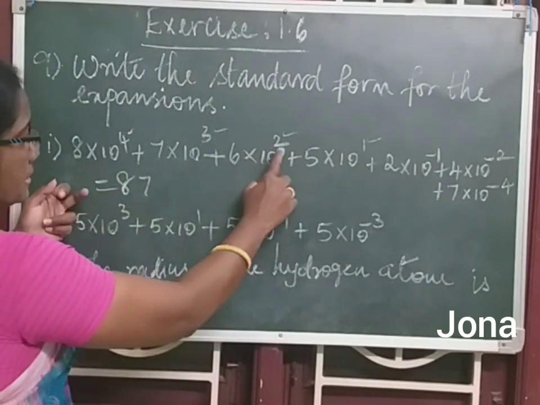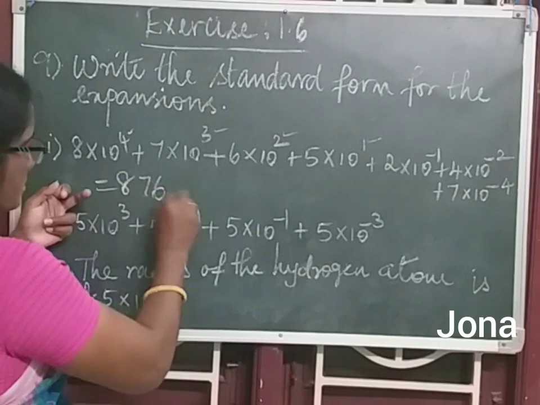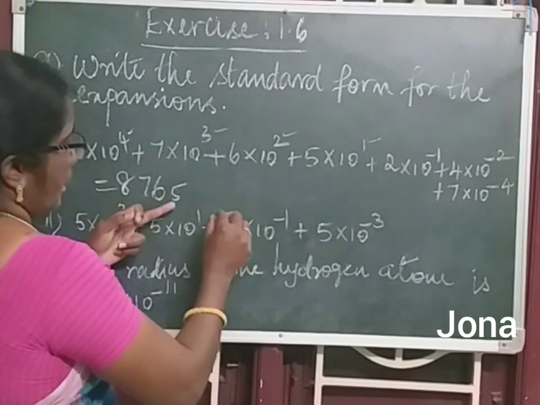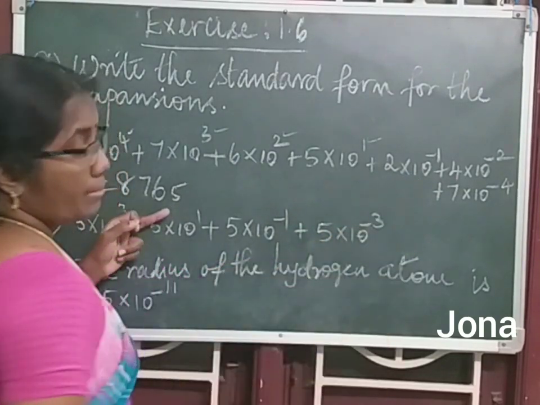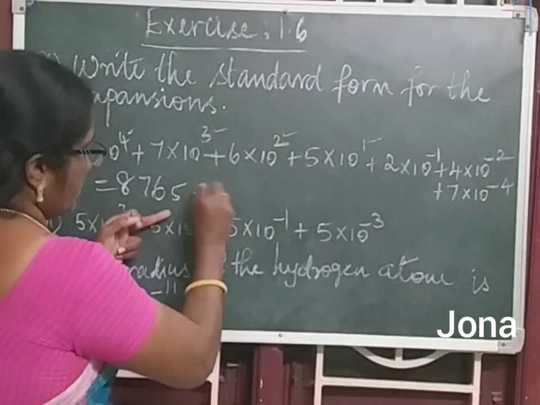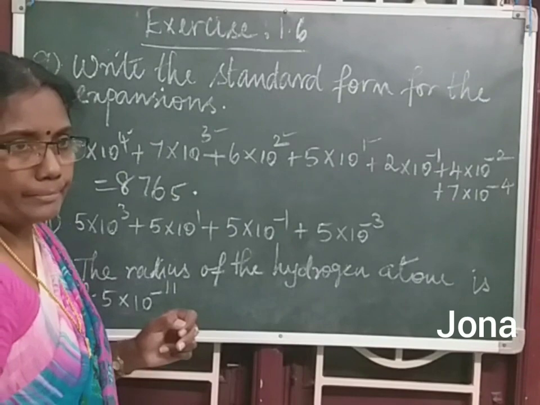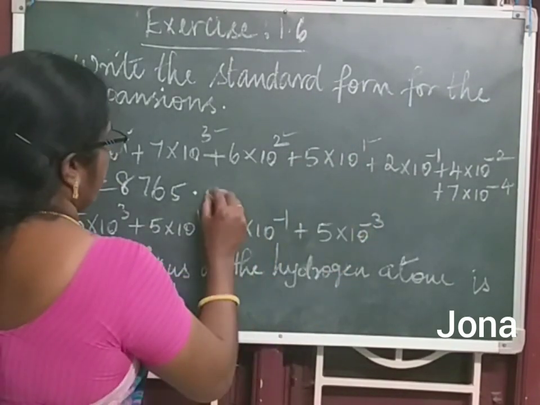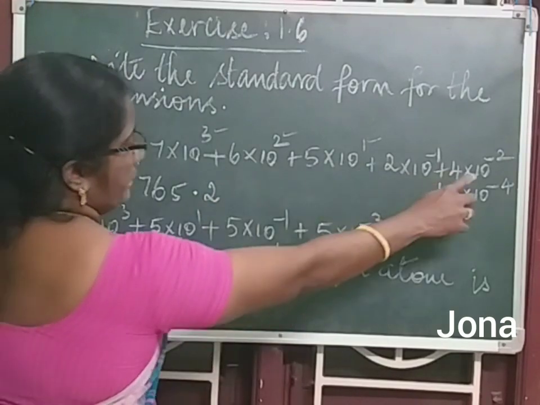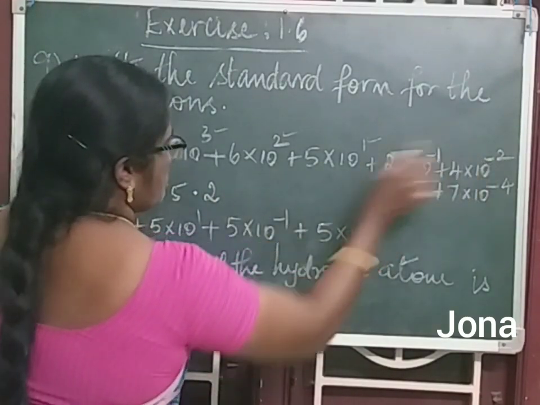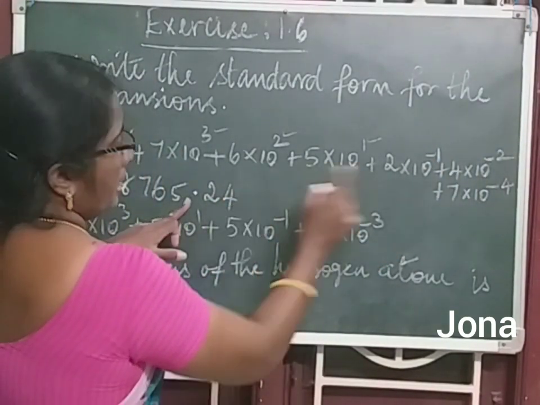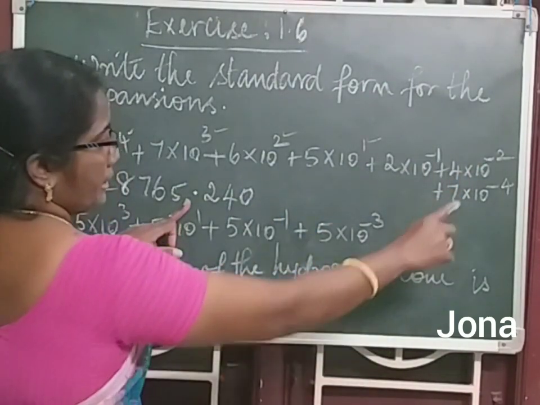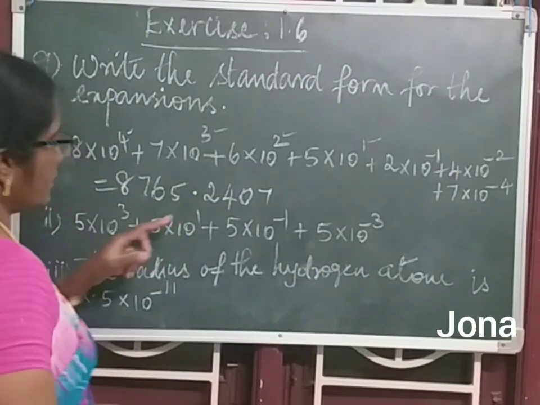And then 2 is there, 6, and then after 2 we have 1, so put 5, and then here it starts from minus 1, so we want to put the decimal point there. After the decimal only we write the minus parts. So here I want to write 2, and then for this minus 2 part you can write 4, and then minus 3 is missing, so put 0, and then for this you want to write this one.